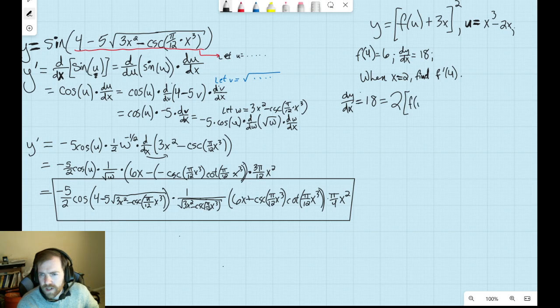And then this leaves f of u plus 3x raised to the first power. Then, attached to it by multiplication, we're going to get the derivative of everything on the inside here. So this was f prime at u times du dx plus 3.